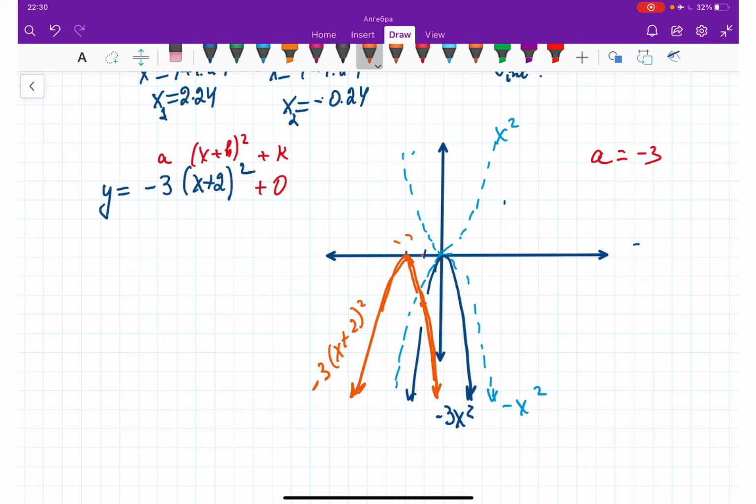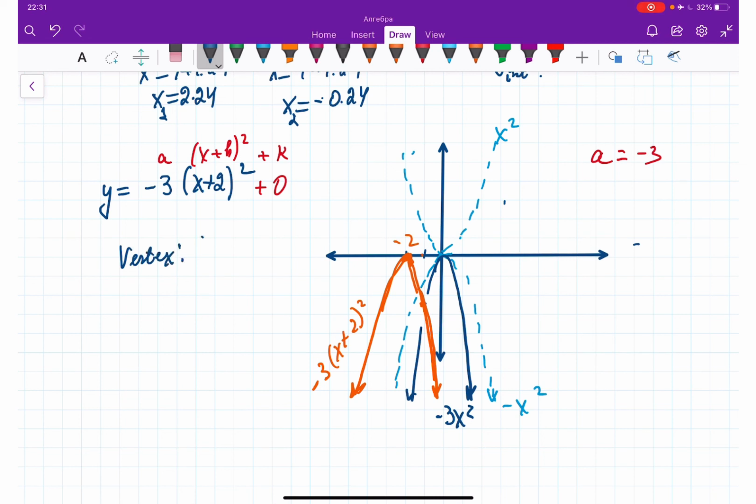This is negative 2. And that's it. Since my k is 0, I don't move anywhere. And this is going to be my next graph. So this will have only one point here on the x-axis, and that's going to be the vertex. And because the graph is looking down, this is going to be a maximum, right?